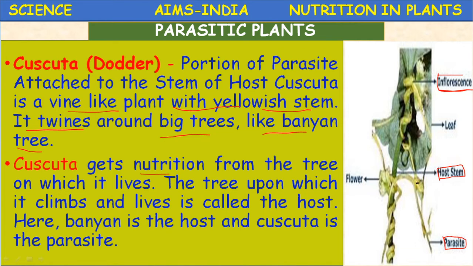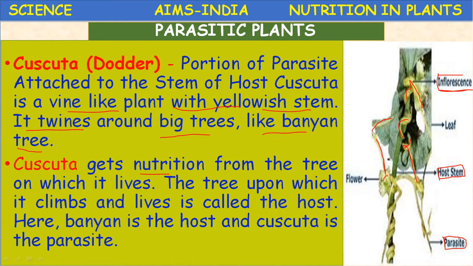All this yellow portion represents the Cuscuta plant. These flowers also represent the Cuscuta plant. Okay, these are the flowers of Cuscuta. It gets the nutrients from the stem on which it lives. The tree upon which it climbs and lives is called the host. Here the banyan tree is the host and Cuscuta is the parasite.